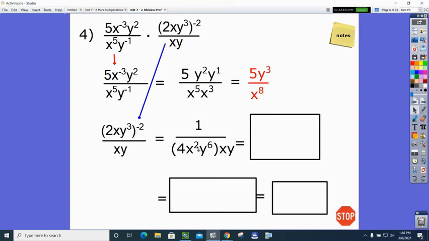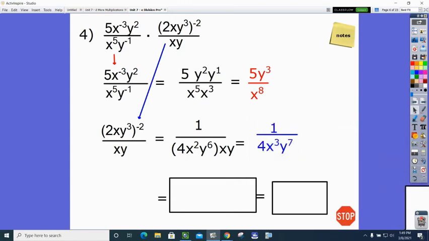X to the 2nd, y to the 6th. Remember, this is now a +2 in the denominator, and there's the x, y still hanging out. The parentheses are no longer necessary. So I have 4, x to the 2nd times x to the 1st, add your exponents and get x to the 3rd, and y to the 6th times y to the 1st, add them. And I have now cleaned up the second one.